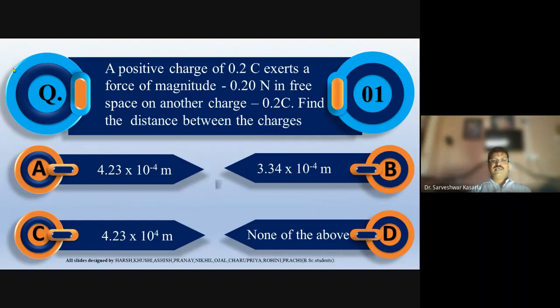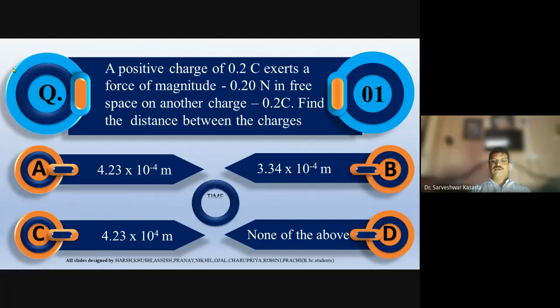You may take some time to solve this problem. You may use the concept of electrostatics, Coulomb's force, and solve the problem.